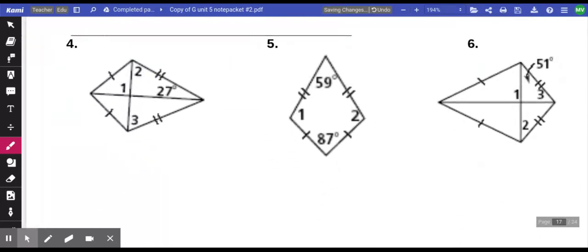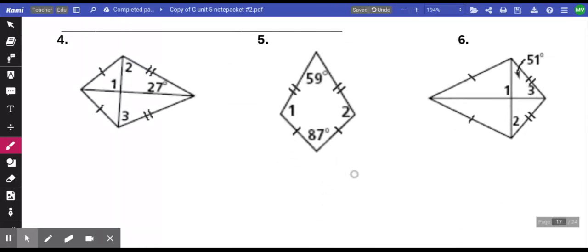Okay, so again, I want you to pause and try 4, 5, and 6 and come back and check. So number 4, angle 1 equals 90 because it's a right angle, because our diagonals are perpendicular. Then to find angle 2, I'm going to use the fact that this shape up here is a right triangle.